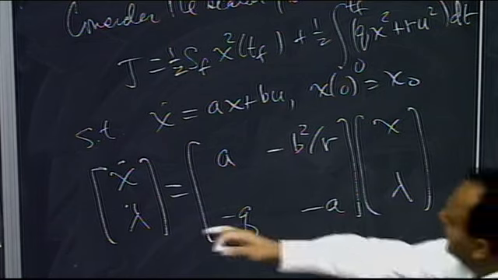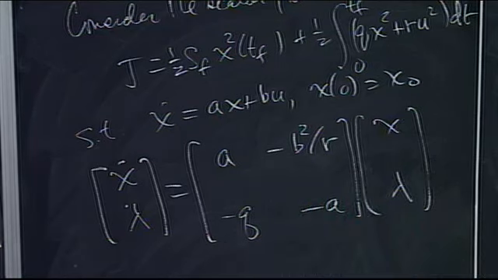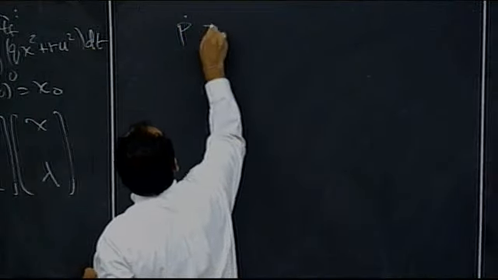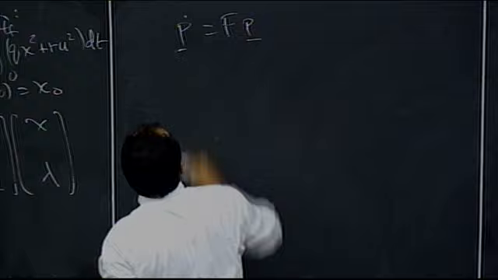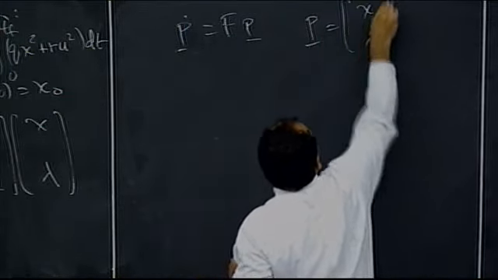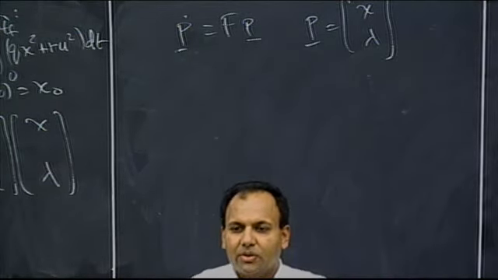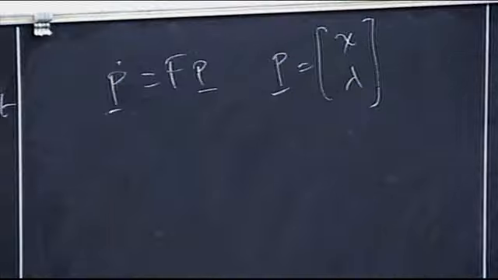I know that this is a linear system. I know that its solution is that transition matrix. What else do I know the solution is? Remember now, this is a system of the form P dot equals F times P, where P in this case is equal to x lambda. What do we know about linear differential equations? What do we know their solutions to be?